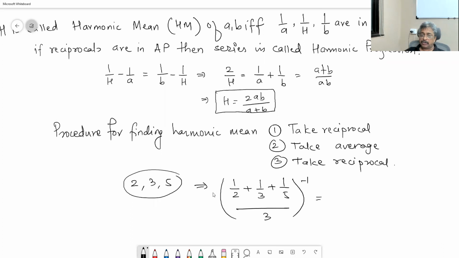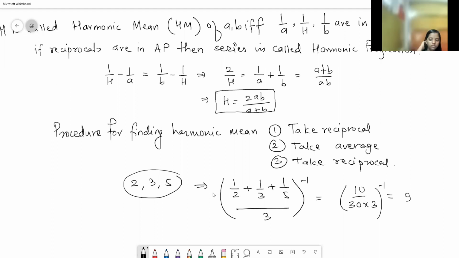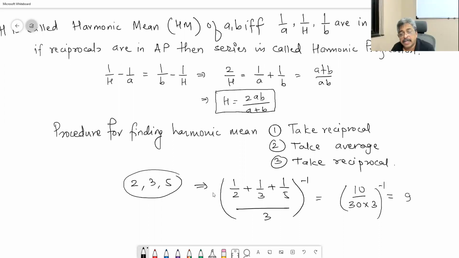1/9 is equal to (...) raised to -1. Is it right? Yes.